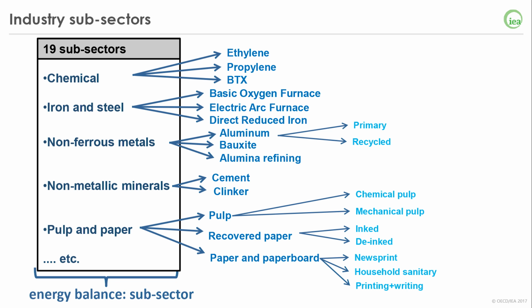When it comes to ISIC 19 subsectors, we look at chemical sector, iron and steel, non-ferrous metals, and so on. But it's also good to have a look at much more detailed data like aluminium, cement, clinker, or even going further for pulp, for chemical pulp, mechanical pulp, and so on.